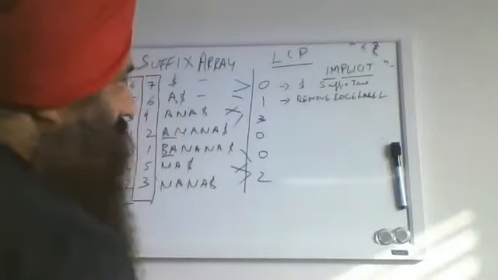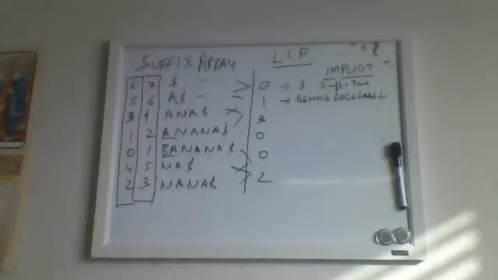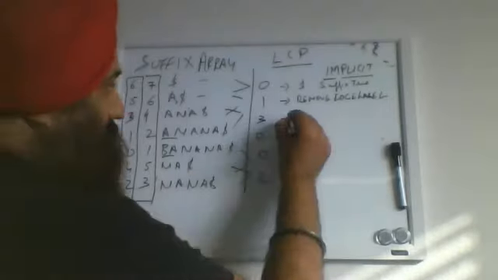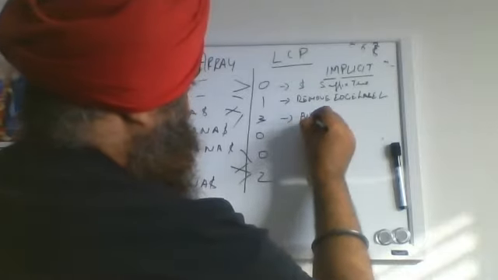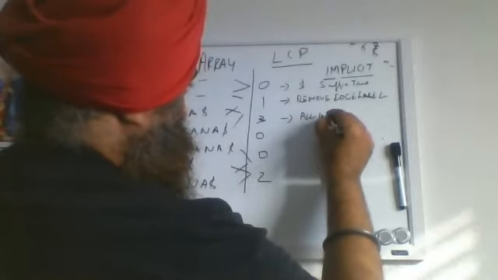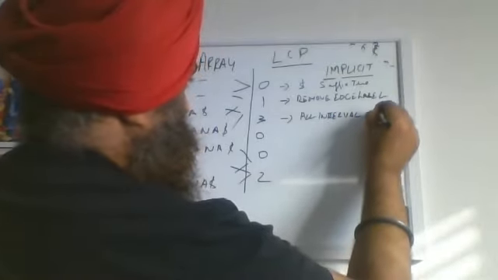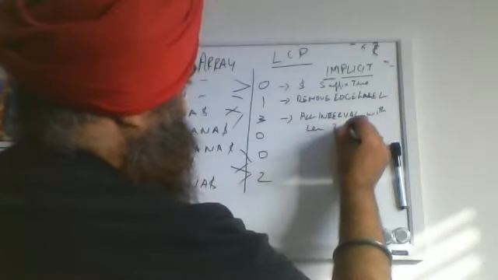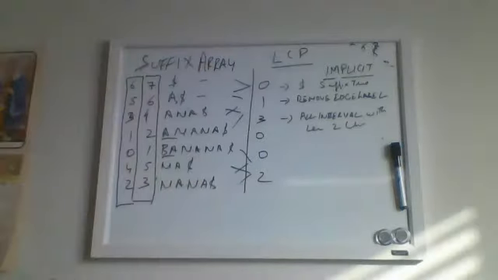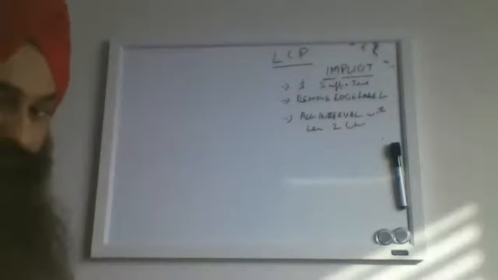And lastly, you remove all internal nodes with fewer than two children, meaning any node which is not branching. Then you will get an implicit suffix tree.